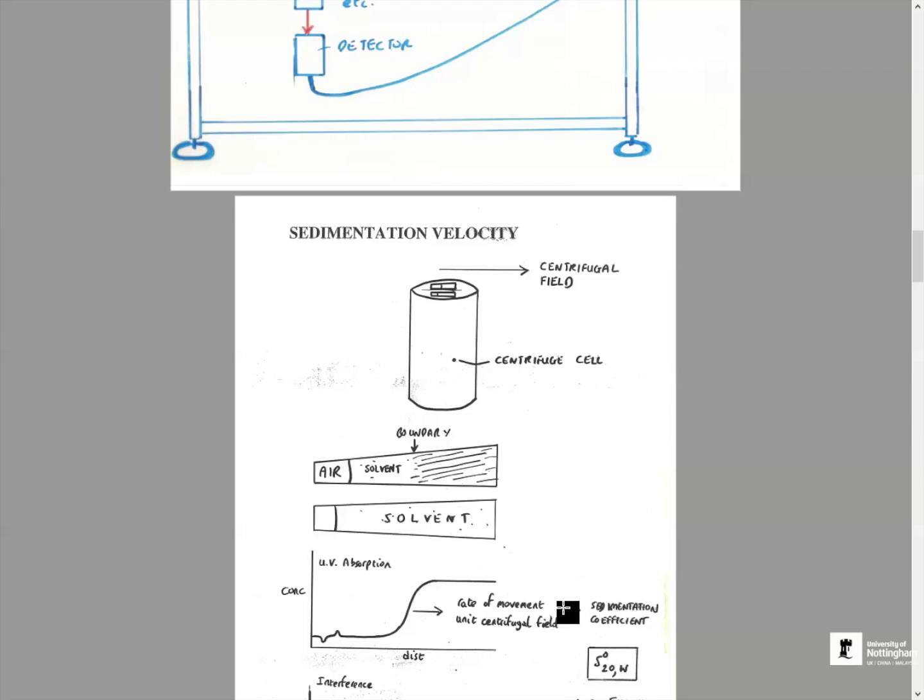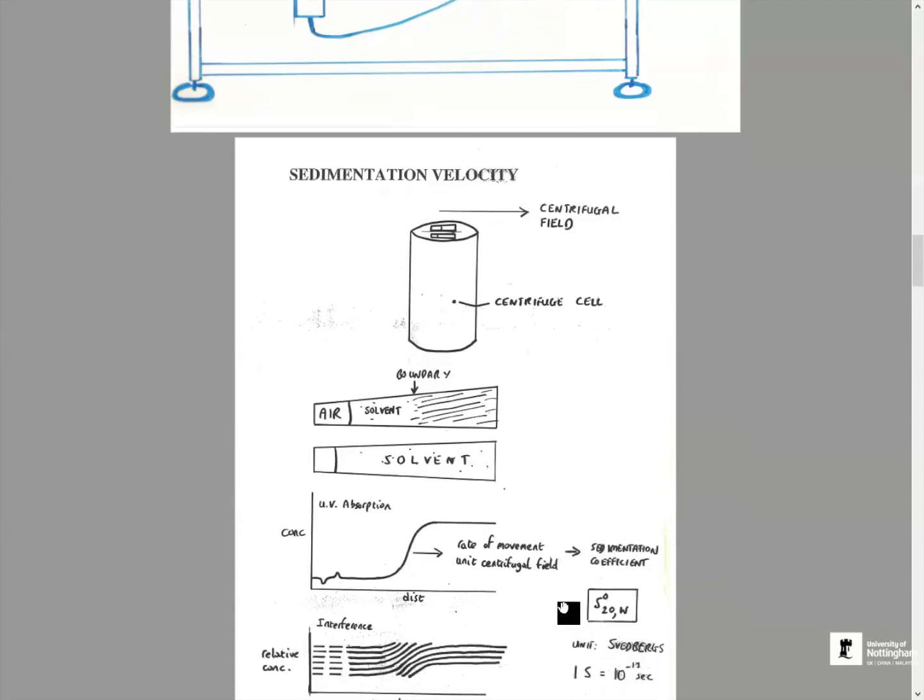Symbol little s. And the units are Svedberg units, where 1 Svedberg equals 10 to the power minus 13 seconds. So 1 Svedberg is the same as 10 to the minus 13 seconds, not seconds to the minus 1.